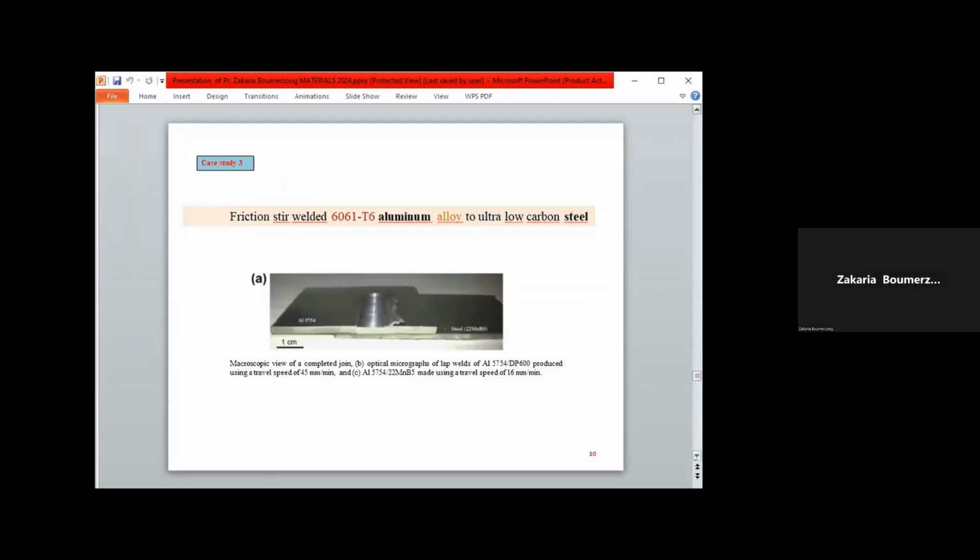The third case study is friction stir welding of aluminum alloy to ultra low carbon steel, of course by friction stir welding using a lap configuration. This is steel with aluminum alloy.